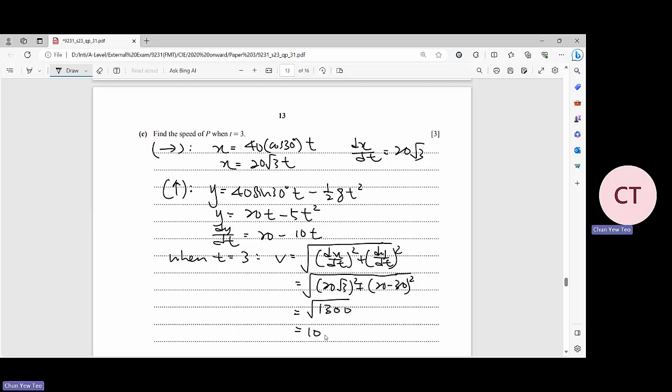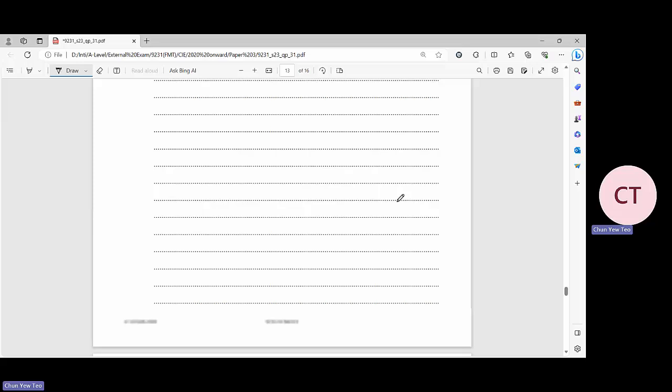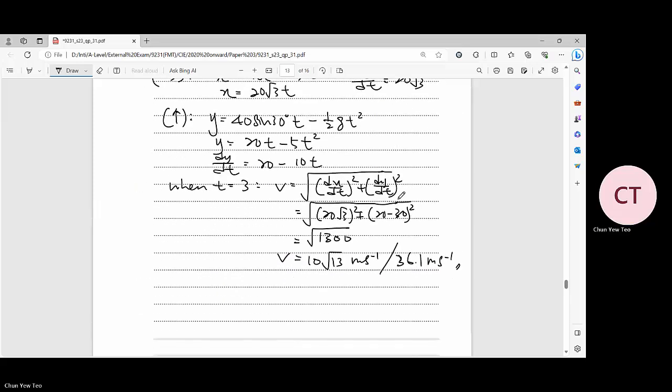Well, you can actually leave it like this, or you can make it become a decimal. The decimal, 10 root 13, is 36.1 meters per second. That will be the answer for question number 7. Okay, so done.